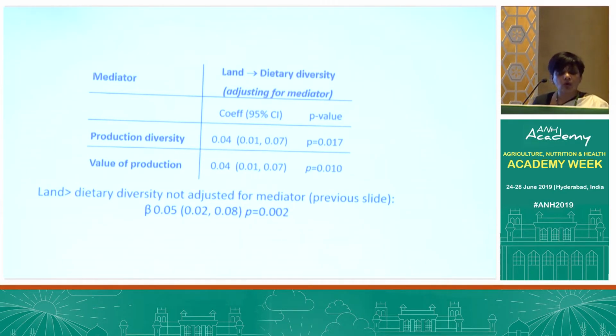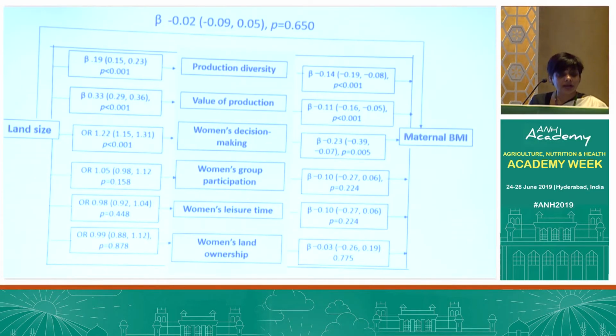You would expect the coefficients to change: 0.04 is an attenuated effect from what you saw in the previous slide, which is 0.05. That's a very little attenuation on a very little effect size, and we think, therefore, it is only marginally mediation, if any, going on. It's a very complicated story with women's empowerment.